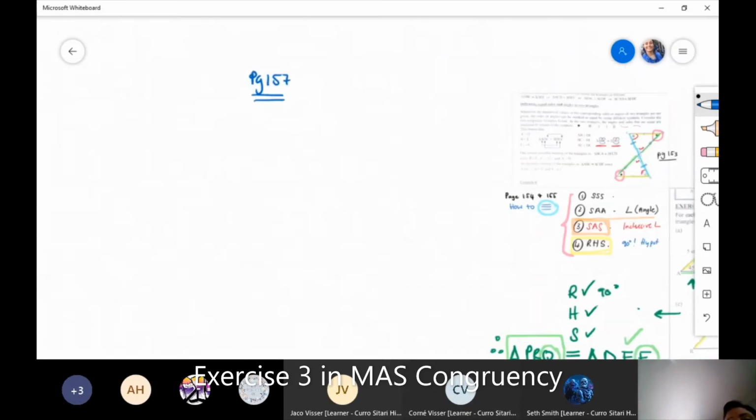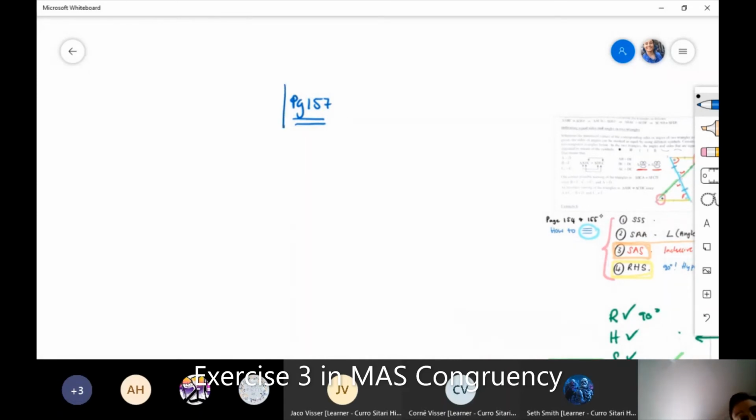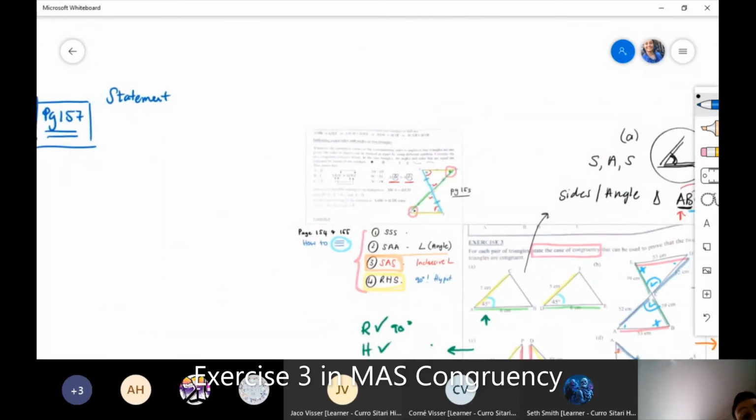So please, you must always remember, in geometry, we need this idea of making a statement and backing it up with a reason, okay? This is statement, reason, and this creates a system that we call proof. So it proves what statement you're going to make, or what findings you're going to make.